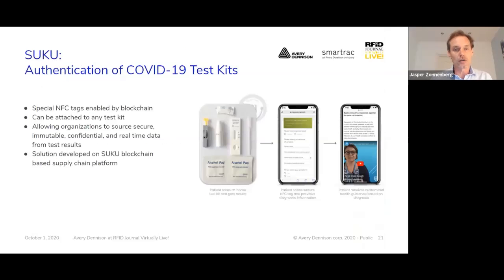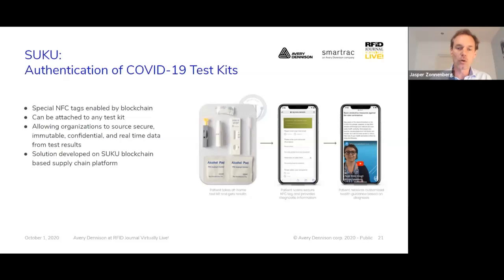Next use case, also in the pharmaceutical space, deals with COVID test kits. And this one is in particular in combination with blockchain. It's a solution that uses the digital identity platform to feed tag data to Suku's blockchain supply chain application.